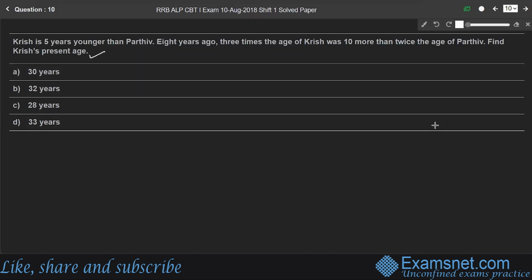Question number 10. Krish is 5 years younger than Parthiv. 8 years ago, 3 times the age of Krish was 10 more than twice the age of Parthiv. Find Krish's present age. Let us consider their present ages as X and Y. Present age of Krish be X years, and Parthiv's present age be Y years.